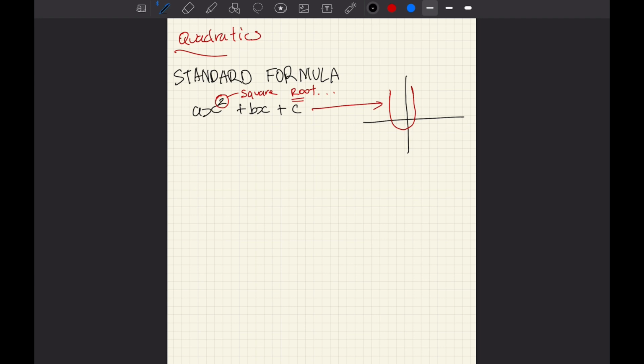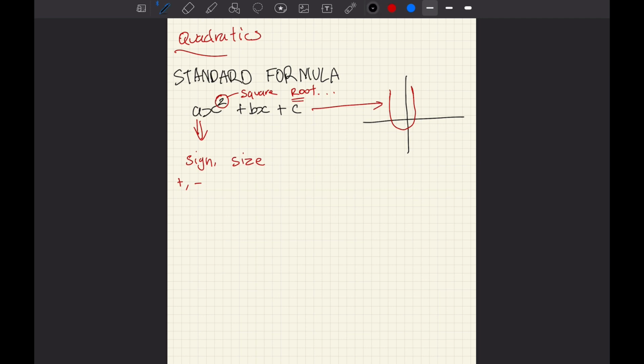Now, we're going to look at each of these terms together. So, what does the a tell us? For the a, we're looking at two things, its sign and its size. Depending upon whether the sign is positive or negative, it'll tell us which way the curve is pointing.